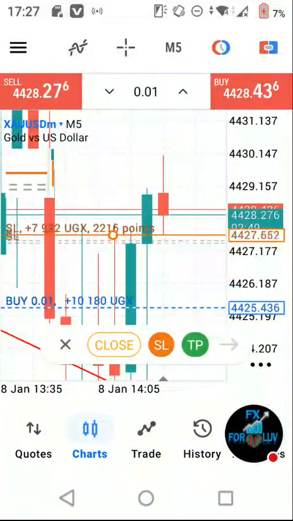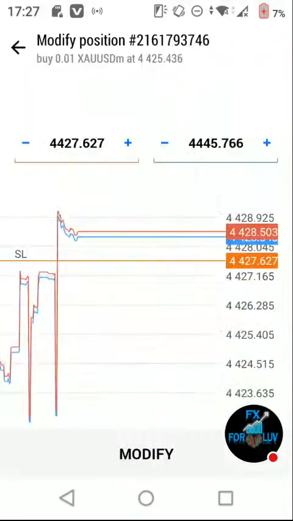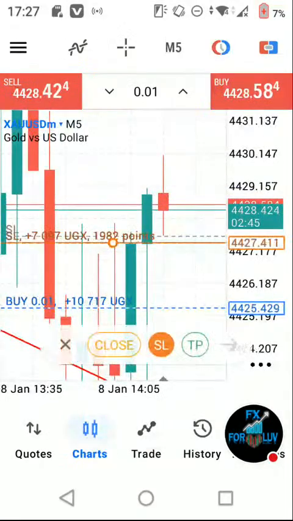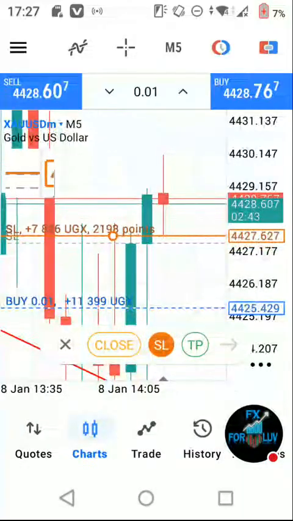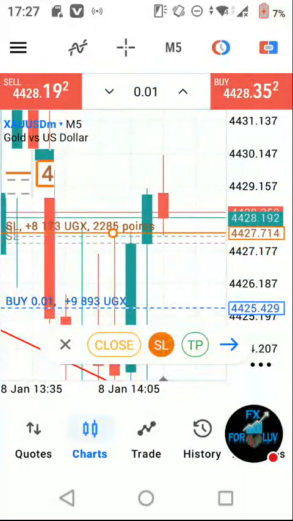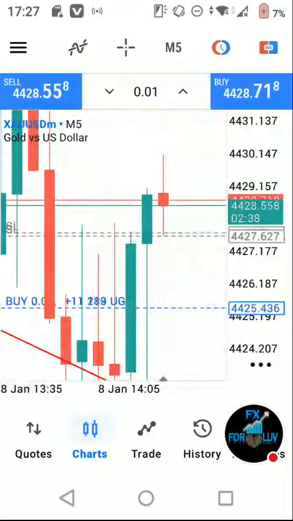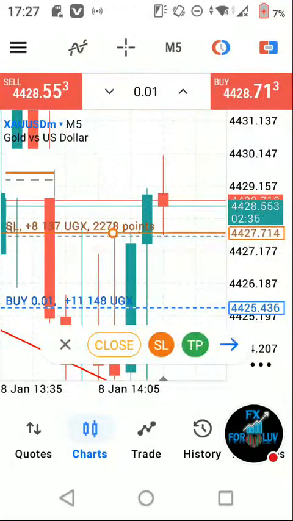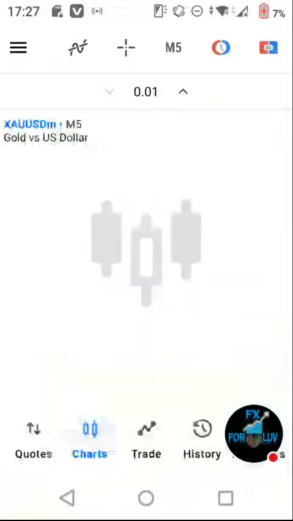So I'm going to lock on this last low here. So that's an official 16K lock.